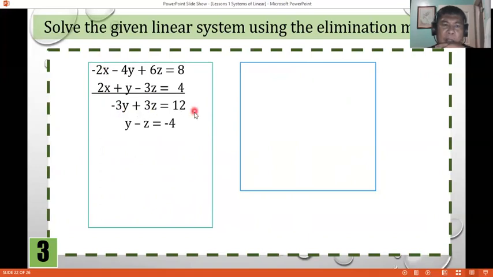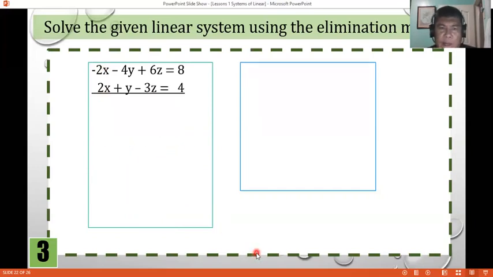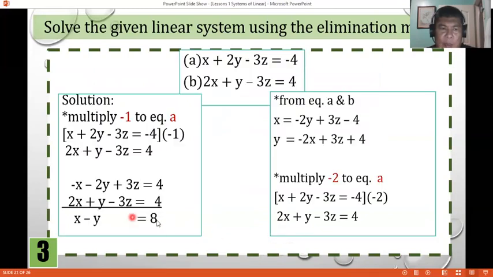Dividing the whole equation by 3, ito na lang matitira. So, we have another equation. Okay. So, tingnan natin, substitute natin yung value ng y. Ito yung value ng y, z minus 4, di ba? Dito sa dito sa ating equation ito.